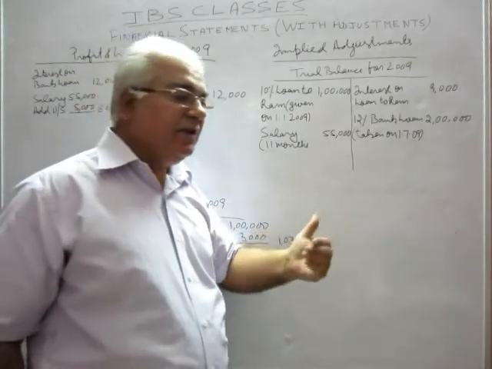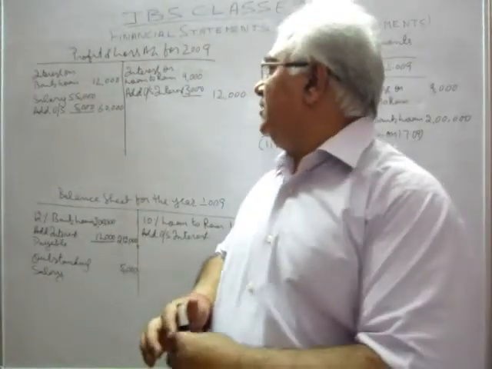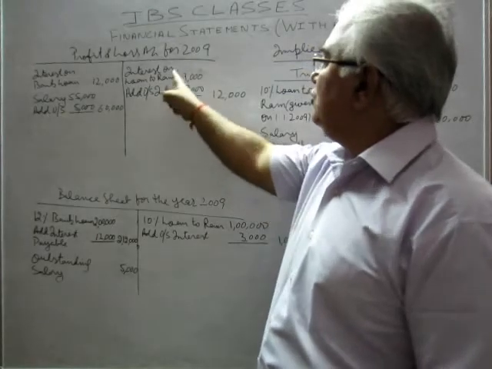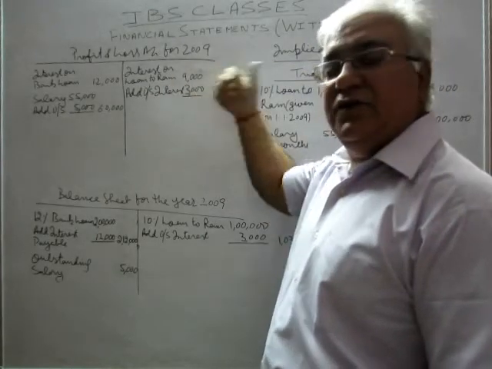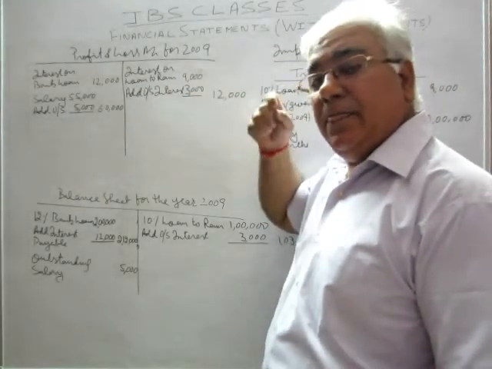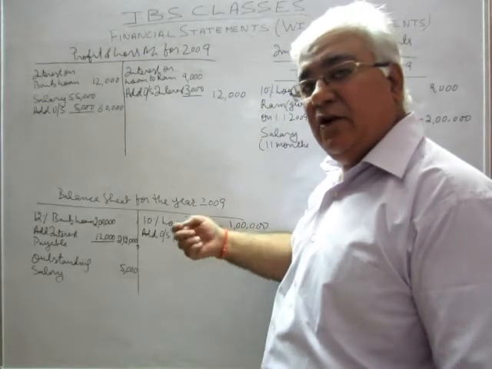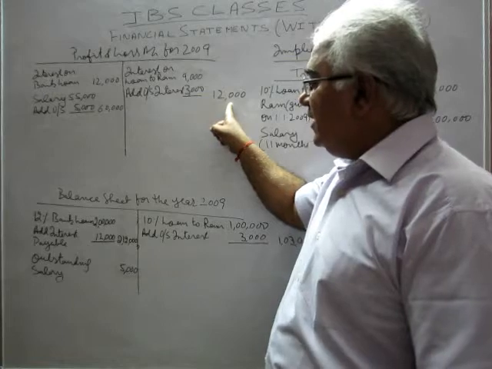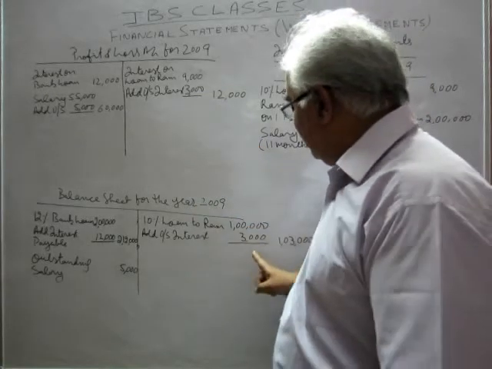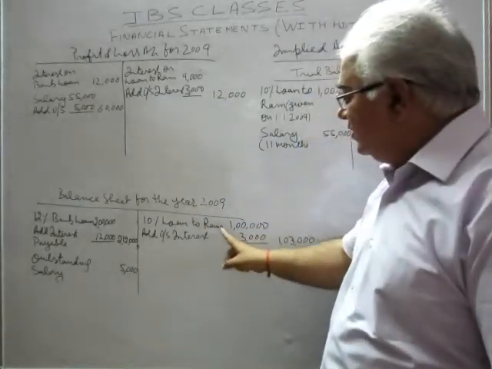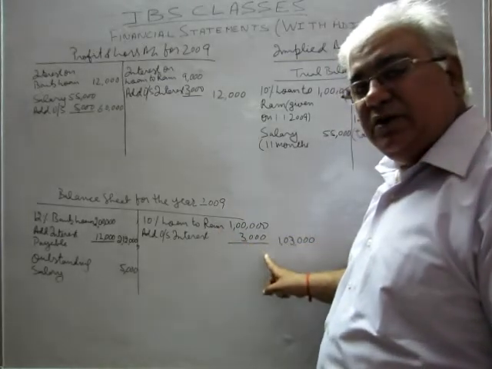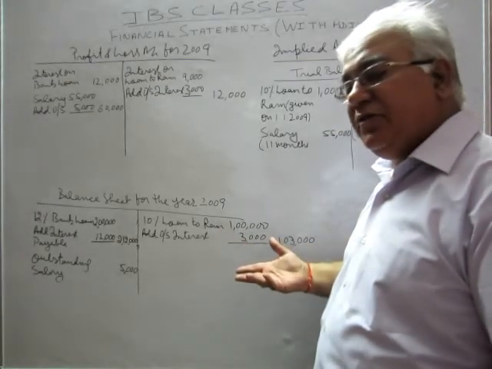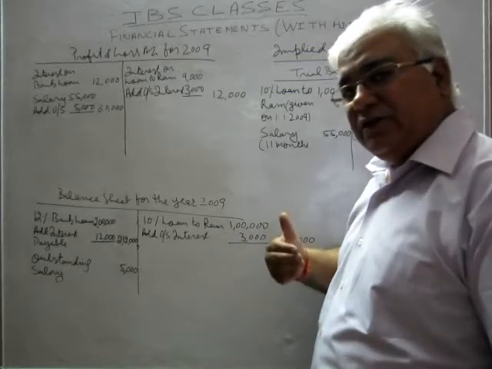And because of this, your interest in the profit and loss account will be shown at 12,000: 9,000 which is actually given in trial balance and 3,000 for which you have now made an entry. So this will be shown at 12,000 and in the balance sheet, this 3,000 will be added to Ram's loan account. So there can be implied adjustment for interest taken also.